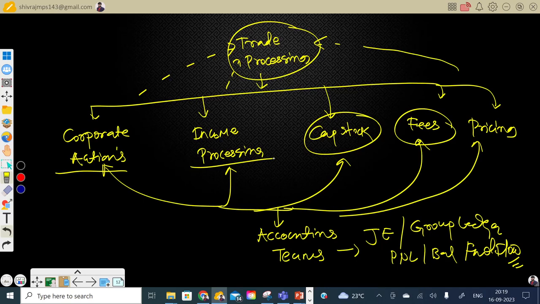And the important activity, trade processing. It is the responsibility of the trade processing team to update trade details in the internal accounting system. Otherwise, if there is no recording of trades in the system, then you cannot create corporate actions, or record the dividend or interest payment under income processing, and you cannot record or update the pricing for different securities. So this is how your accounting teams work. Accounting teams refer to the data and update the accounting entries in the books of fund.